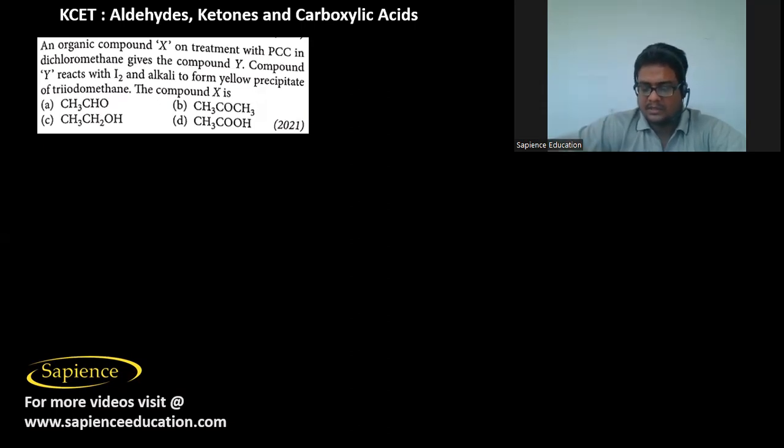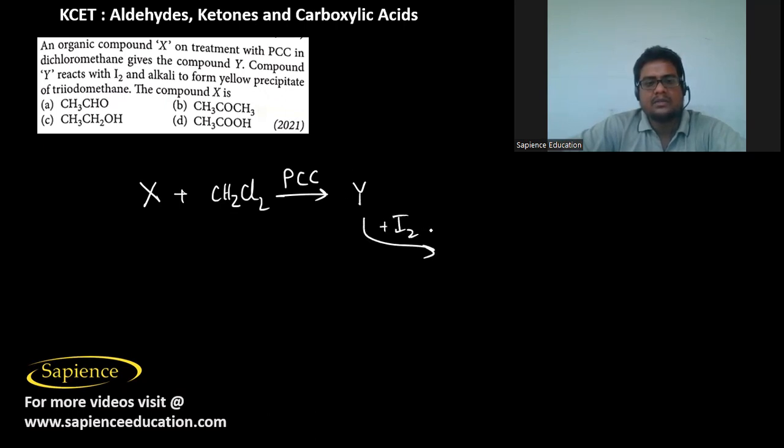Then it is told that an organic compound X on treatment with PCC in dichloromethane, which is CH2Cl2, gives the compound Y. The compound Y again reacts with I2 in the presence of an alkali, which is NaOH, to form a yellow precipitate, which is CHI3, the iodoform.